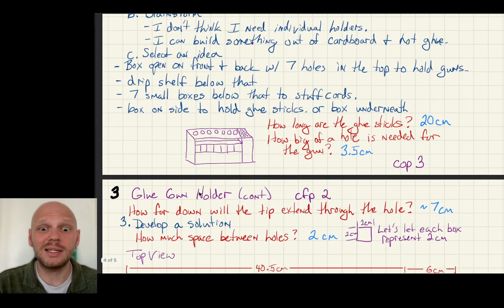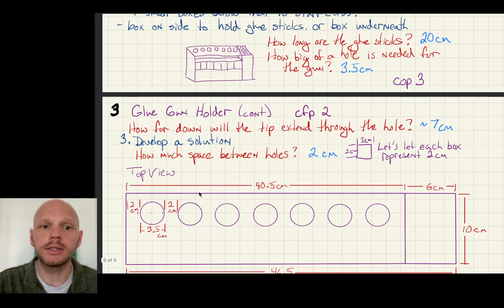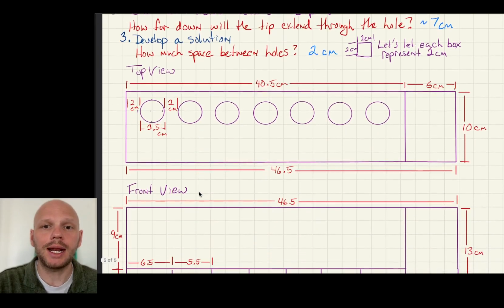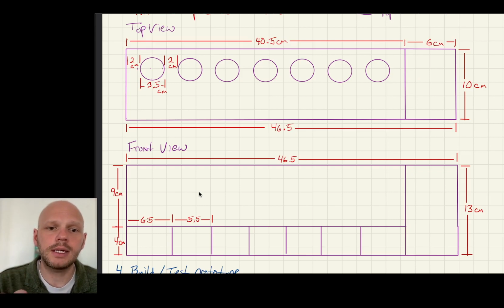And now that I see that my plan for the hole was not going to work, I need to go back to my developing a solution portion, and I need to update my technical drawing. And remember, we did this in pen, and that's okay. So I can just mark through the numbers. I'm going to write in another color of ink, and then fix this technical drawing, and then continue on with the process. So I'm going to take a break here in the video. I'll cut back once I've done that.